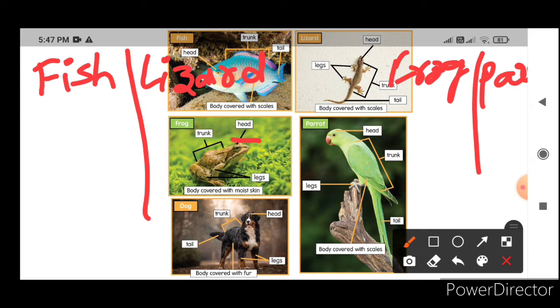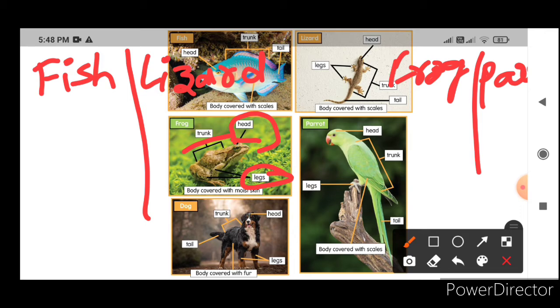Now we'll try to label them. The first one is head, and the next one is legs, trunk, and does it have a tail? No. When you come to the parrot or the birds group, the parrot belongs to the birds group. It's representing the whole birds family.